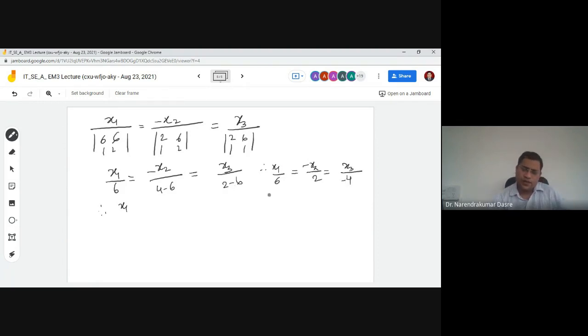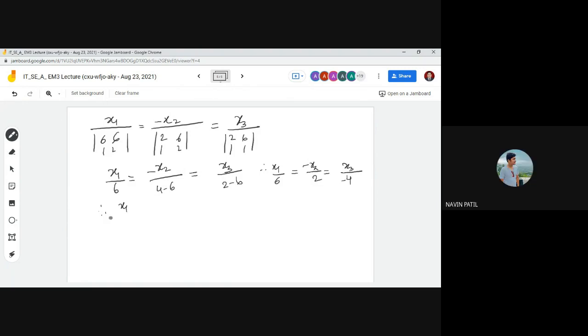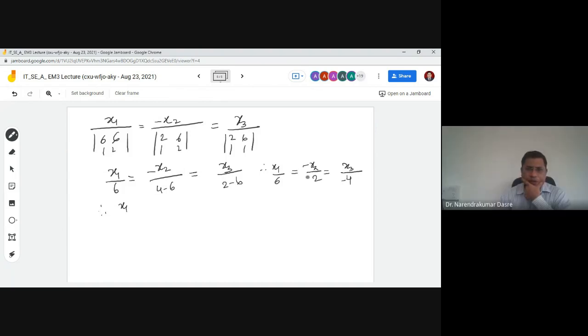So what is the maximum common factor which you can cancel out? In x2 there will be no minus here. Yes, this will be minus, so minus minus can be cancelled, right?